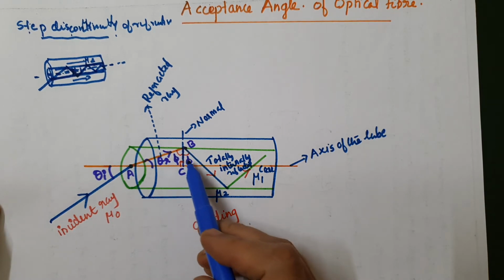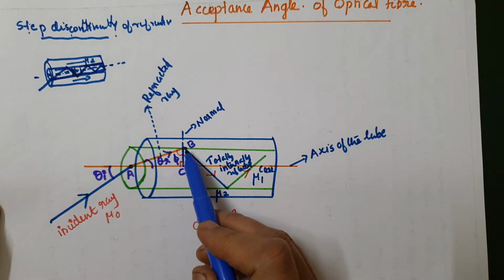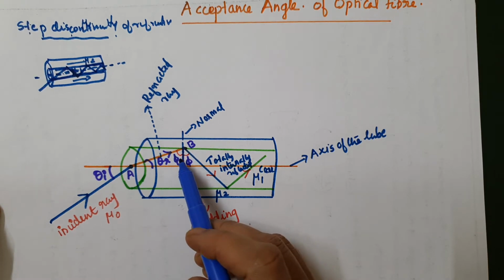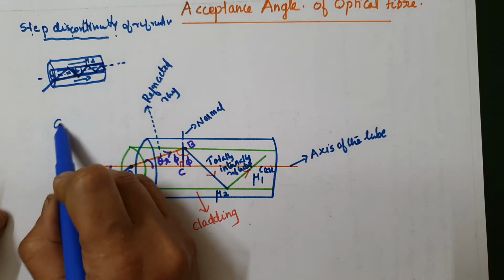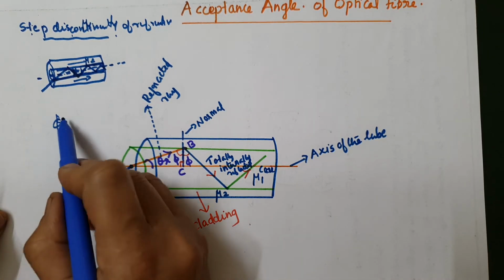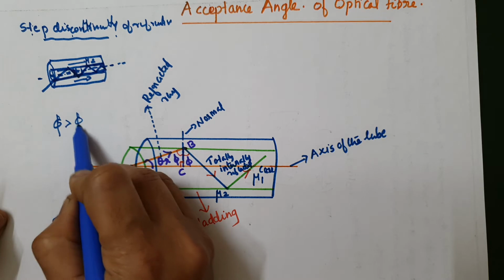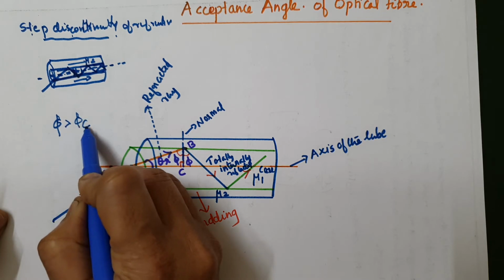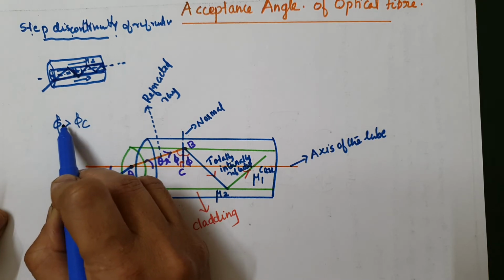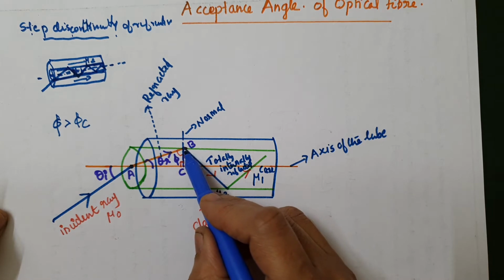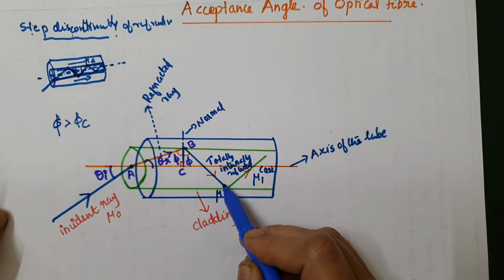Let phi be the angle of incidence at the core cladding boundary, and this phi should be greater than phi c, where phi c is the critical angle. Then only the ray will be totally reflected into the same medium.